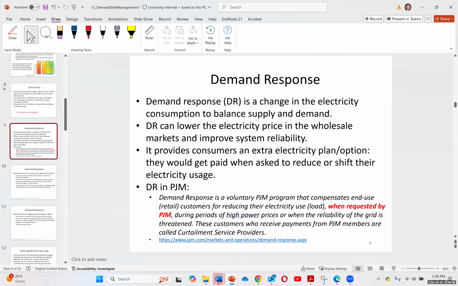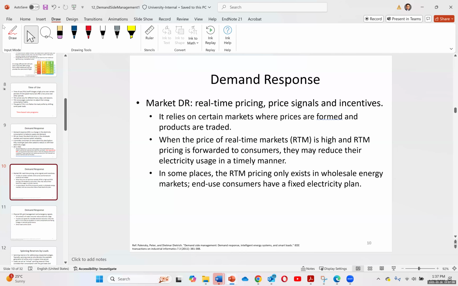Just recently, California has stopped giving incentives for new solar power systems and stopped all the incentives for those programs because they have excess production during the off-peak and the peak hours. Again, they have a problem with oversupply because of too much solar power production.